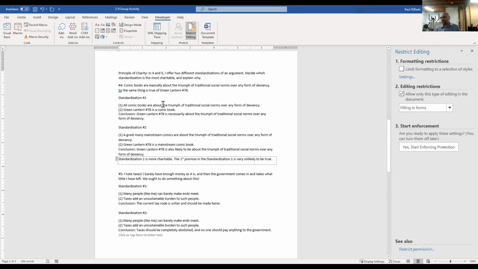We're probably going to do that. There are probably millions of comic books written by this point in human history. We're probably going to find one that doesn't fall under the theme. It's very unlikely that that universal generalization is true. Whereas on the second reading, the premise is more likely to be true.